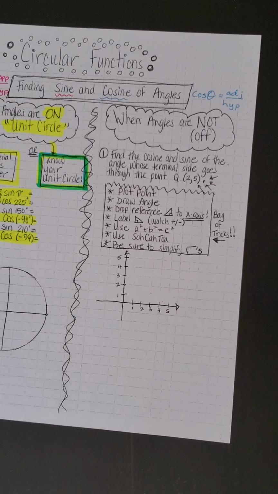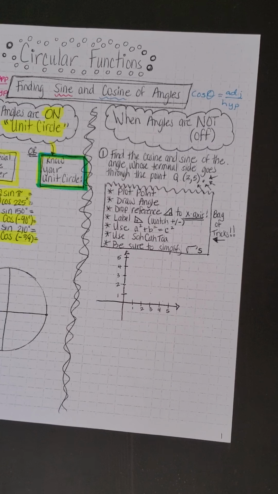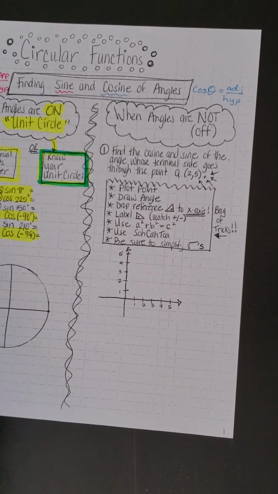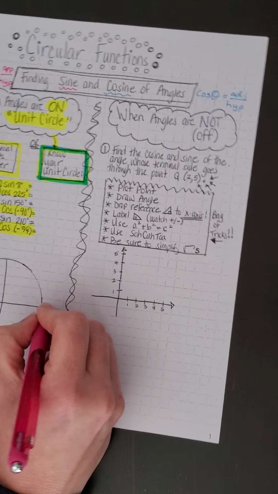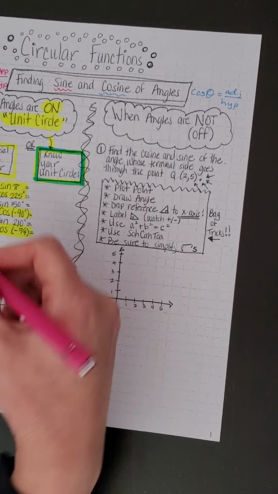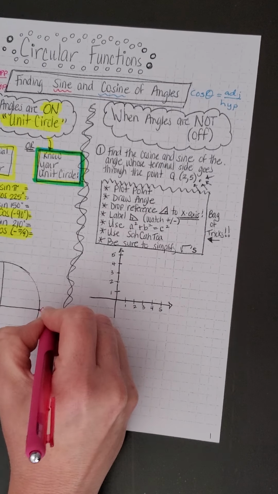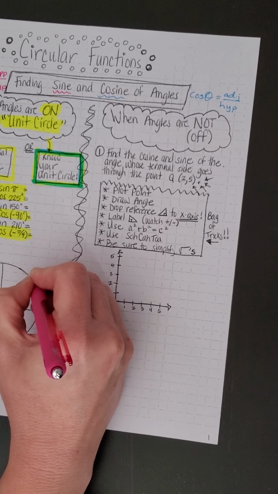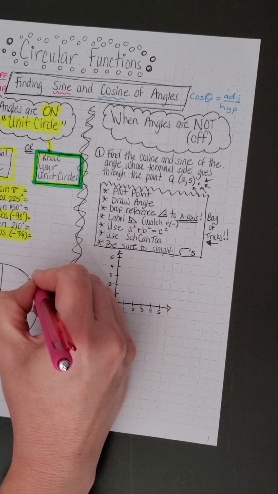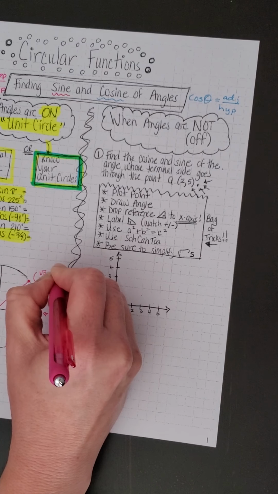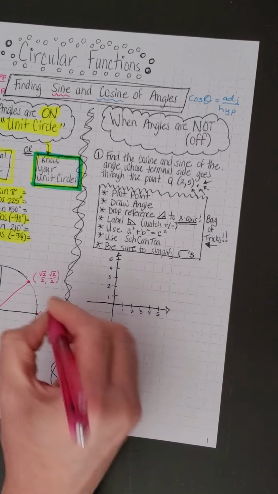Okay, so if you know your unit circle, I'm going to fill in my 45-45-90s right now. This is 0 pi, it's also 0 degrees. This is 45 degrees, and we said that was square root 2 over 2, square root 2 over 2.